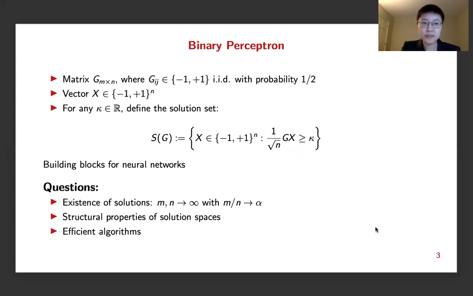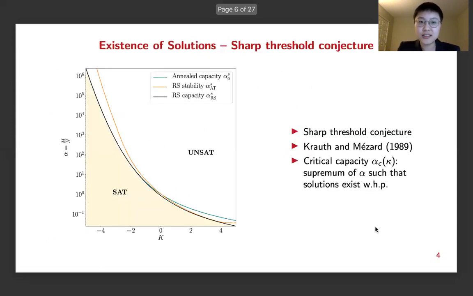Okay, so now let me go through some of the predictions and some of the previous works. Regarding existence of solutions, there's this sharp threshold conjecture that predicts that the probability of the existence of solutions undergoes a sharp thresholding phenomenon that jumps from 1 to 0 at some specific value of alpha.